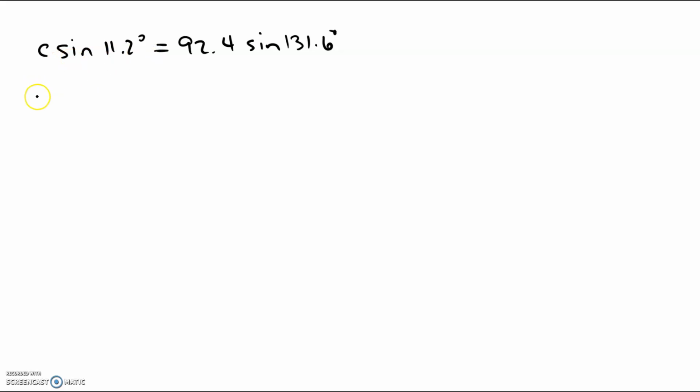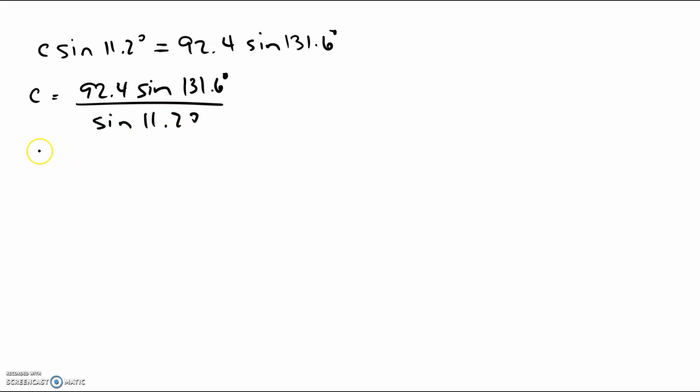Divide by that sine of 11.2. Plug this into your calculator and you should get 355.7. And there's your answer.